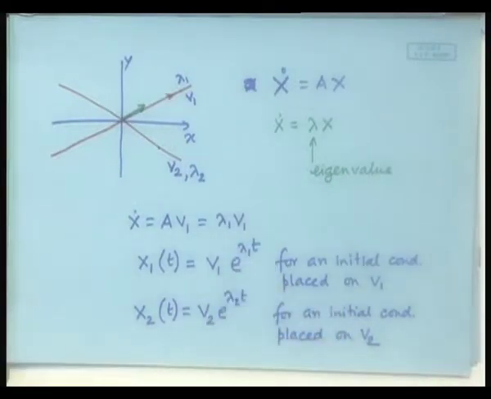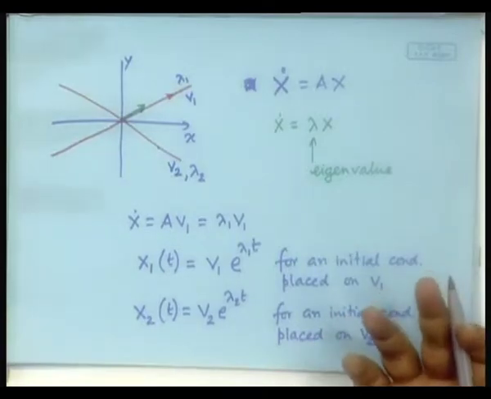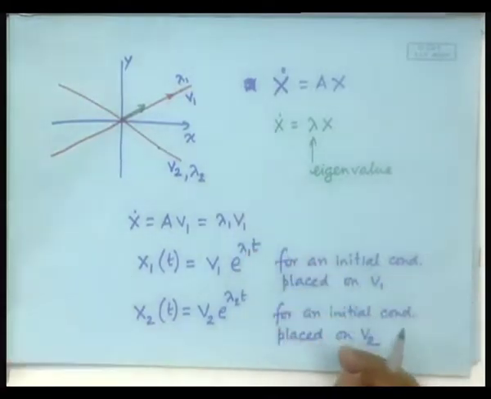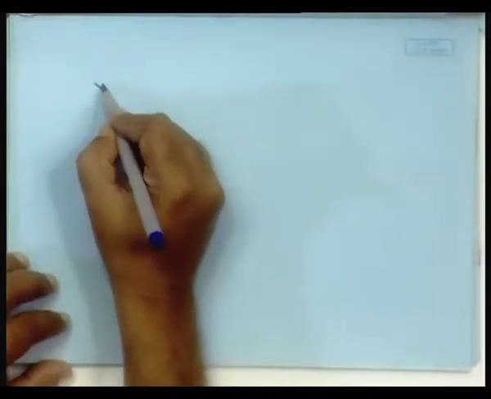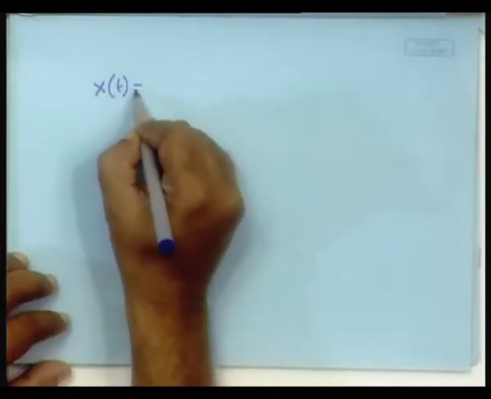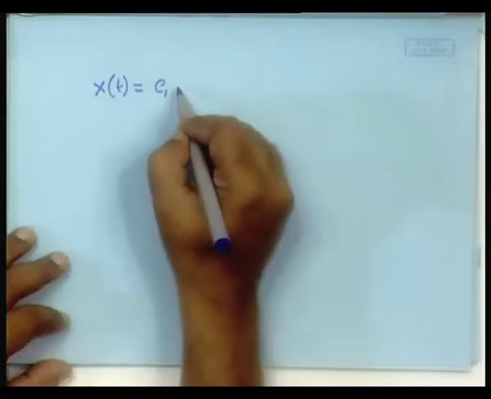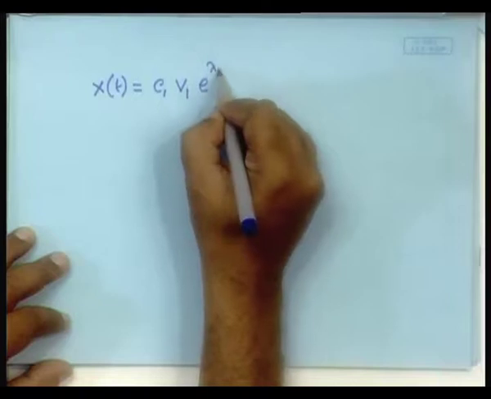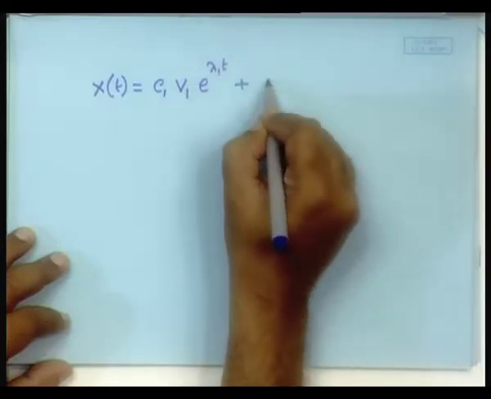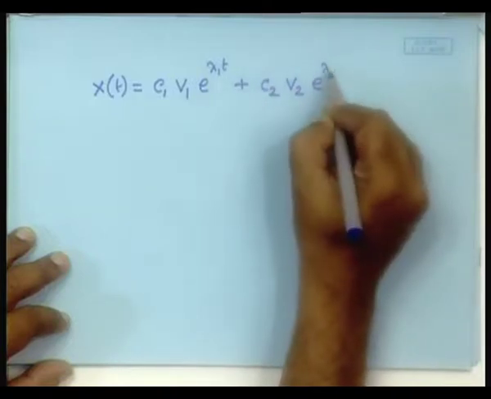These are two possible solutions. The moment we have obtained these, any solution will just be a linear combination of them. So any solution will be x of t equal to some constant C1 times V1 e to the power lambda 1 t plus C2 V2 e to the power lambda 2 t.